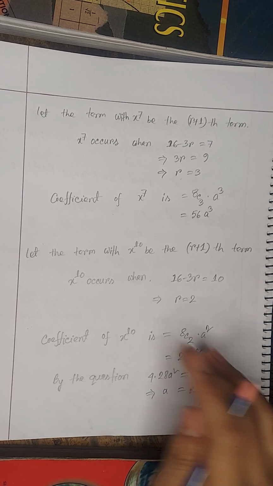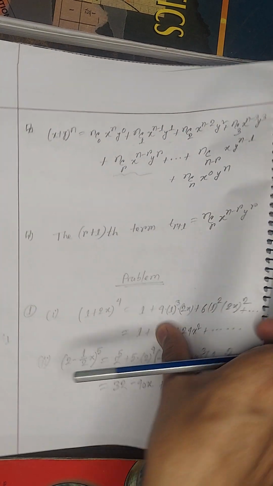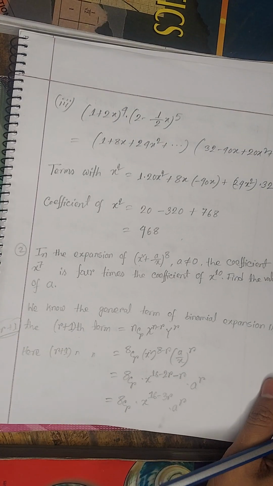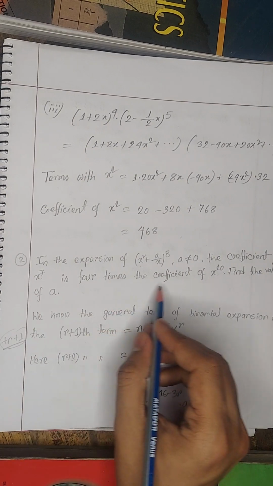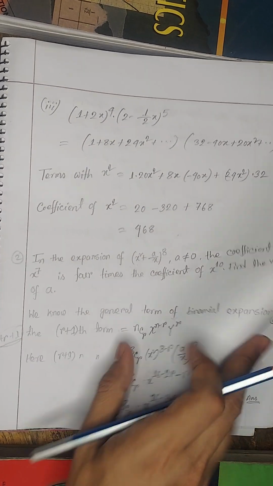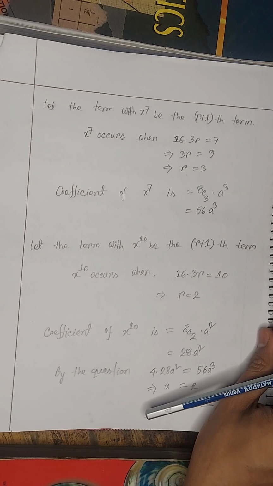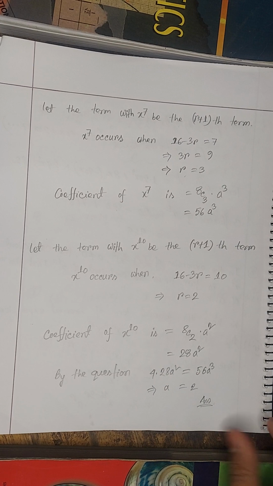And by the question we are given that the coefficient of x7 is 4 times the coefficient of x10. So we find both the coefficients, which are 56 a cube and 28 a square.